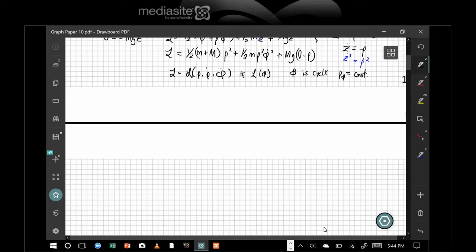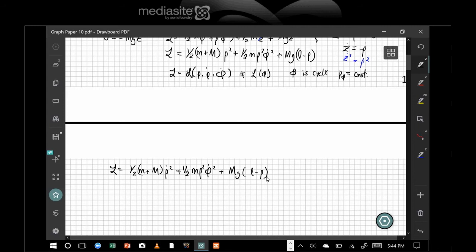Let me write down the Lagrangian. The Lagrangian here is going to be equal to 1/2 little m plus big M, rho dot squared, plus 1/2 m rho squared phi dot squared, plus big M g times L minus rho.